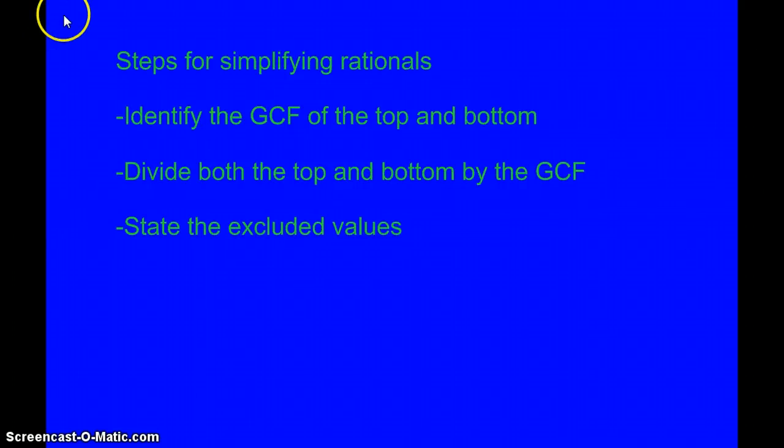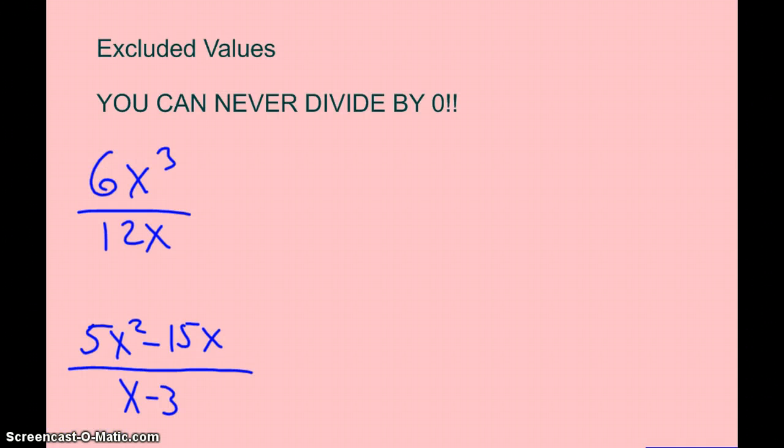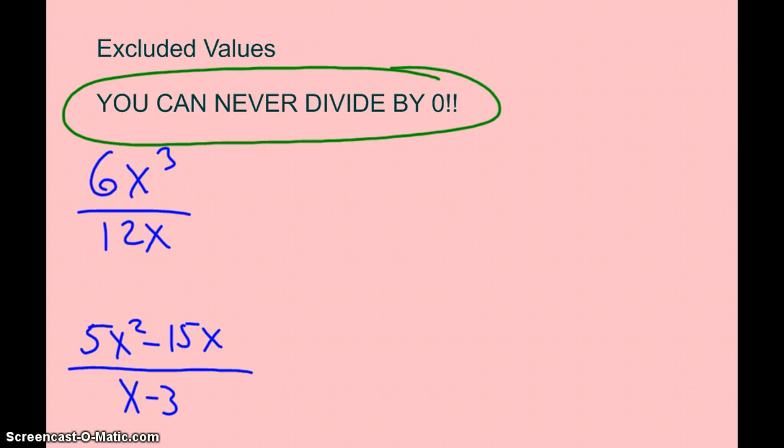An excluded value refers to this mathematical rule you learned back in probably 4th or 5th grade that says you can never divide by 0. So that rule is a huge one in all of math. We know we must follow that rule. You can never divide by 0.